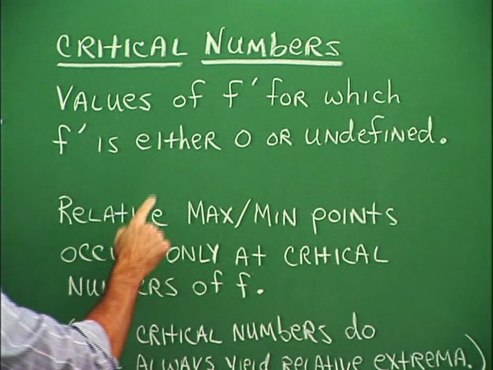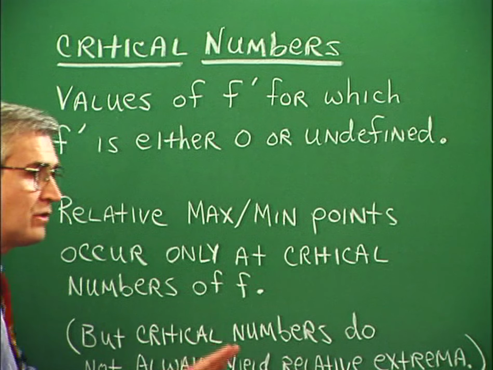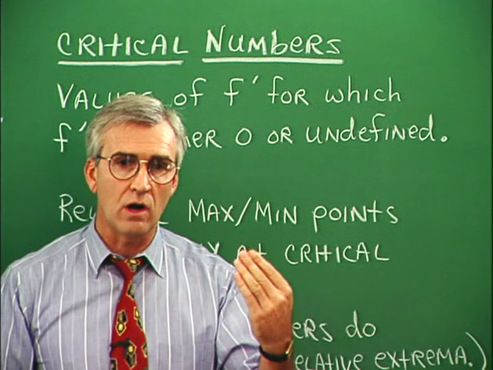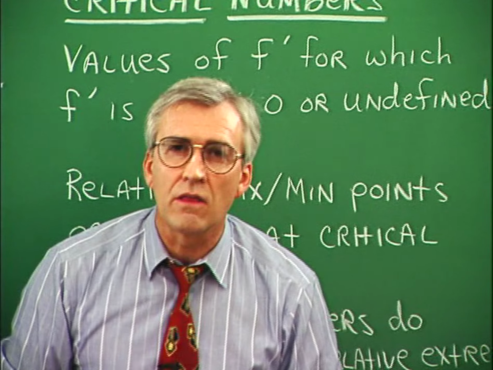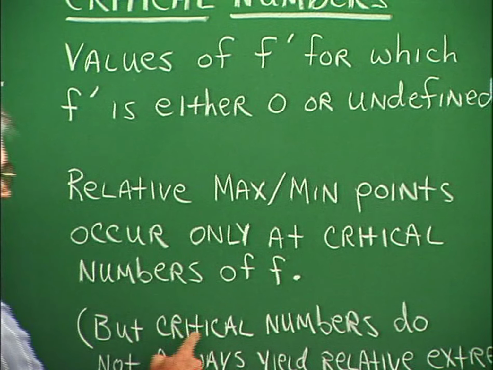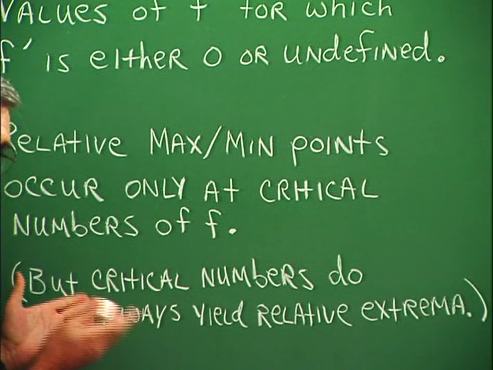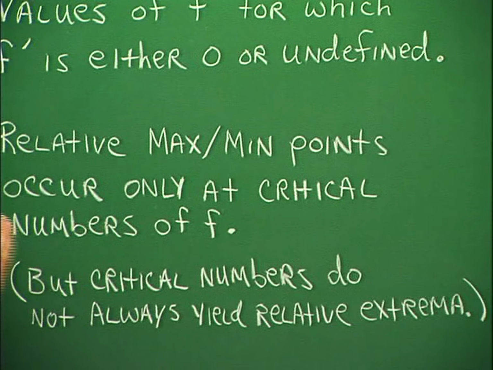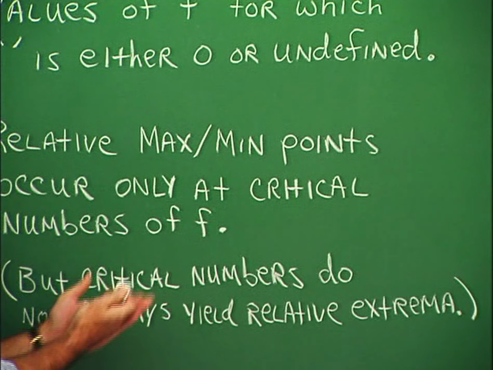You see, relative maxes and mins can occur only at those critical values, only at values where f prime is 0 or undefined. Now, it doesn't mean, though, that critical numbers always yield relative extremes. That is, just because you have a critical number doesn't mean that you absolutely have a max or minimum point.